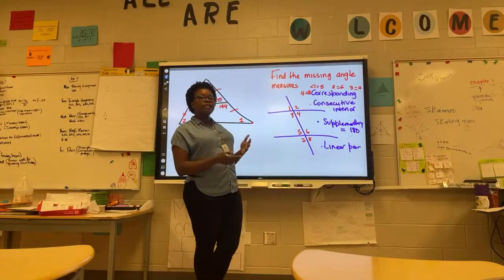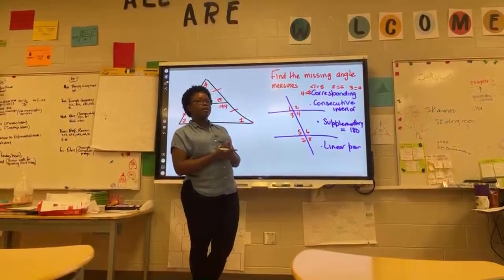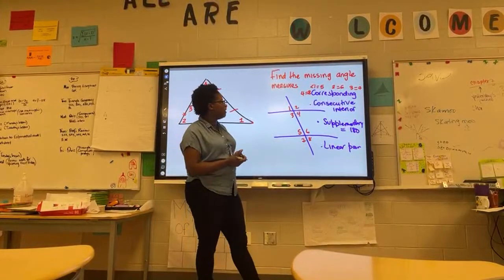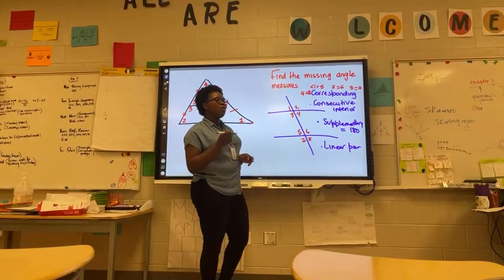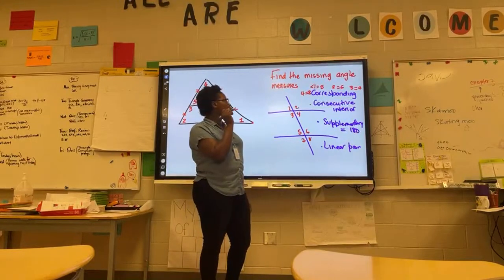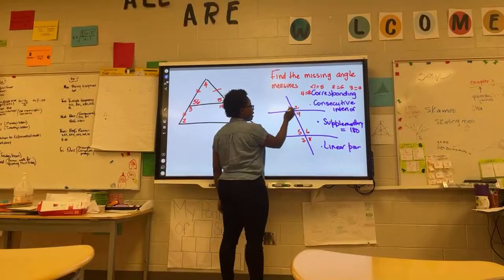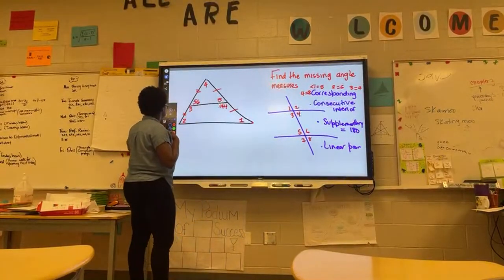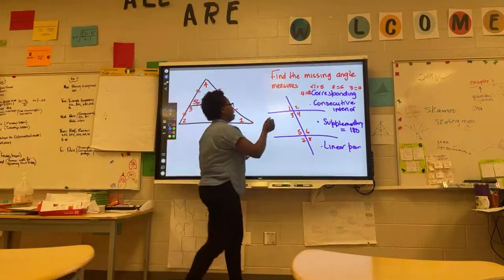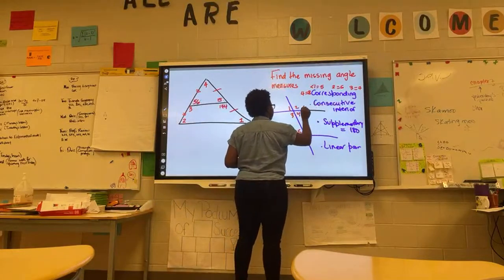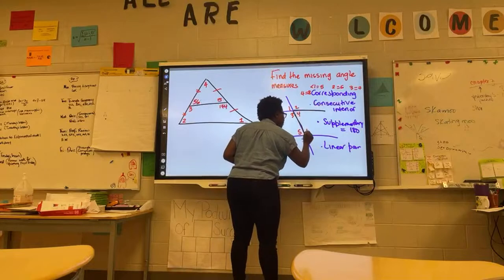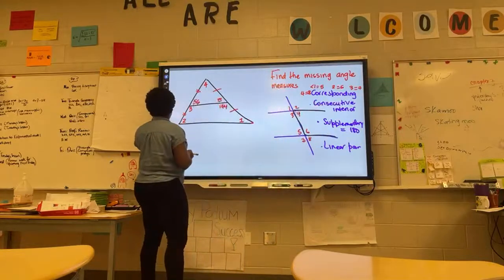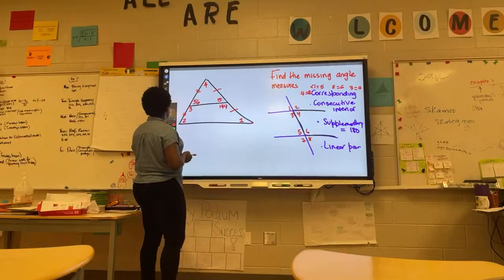So for consecutive interior angles, you will see these between two parallel lines with the help of a transversal. I always tell my students to look for the C as in consecutive. The C that you see right here will give you a hint which two angles would be considered consecutive interior.